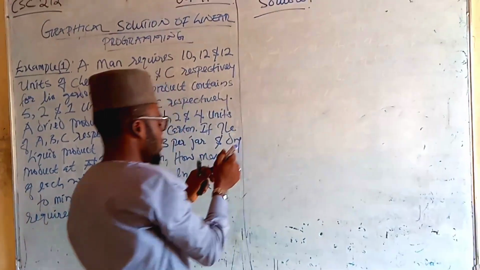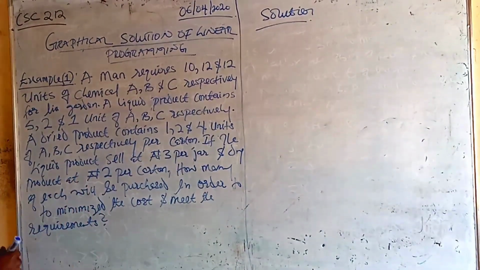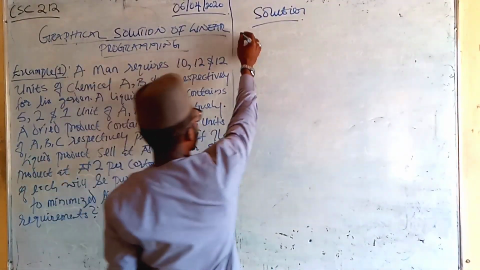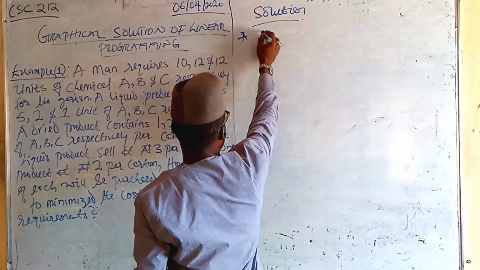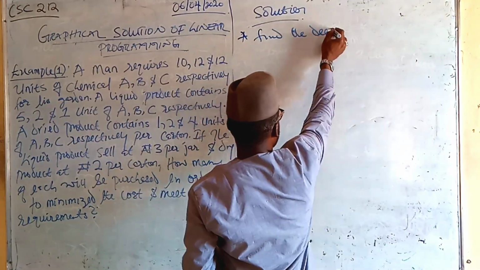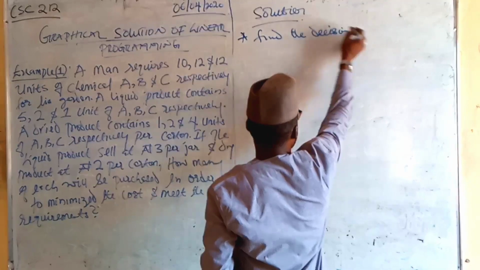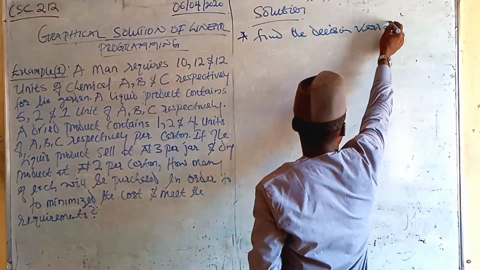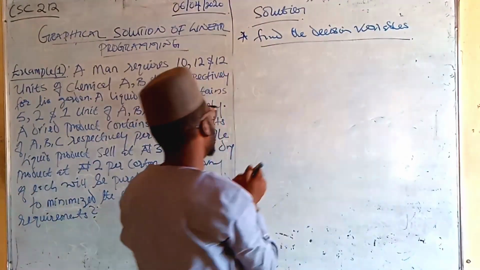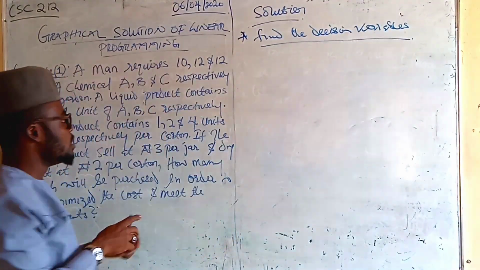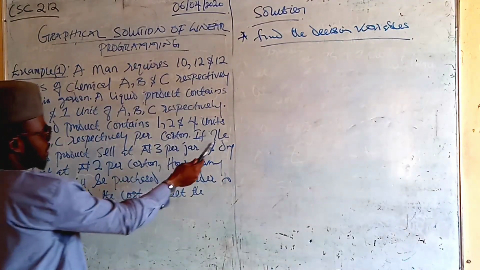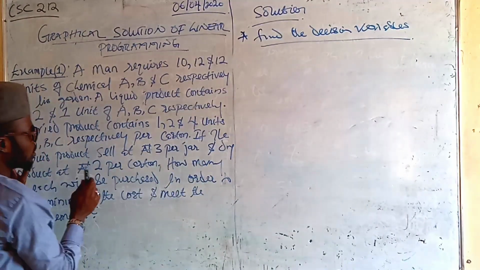The first step to solve this problem is for us to find the decision variables. So how do we find our decision variables? The decision variables in this problem are the dry product and the liquid product.